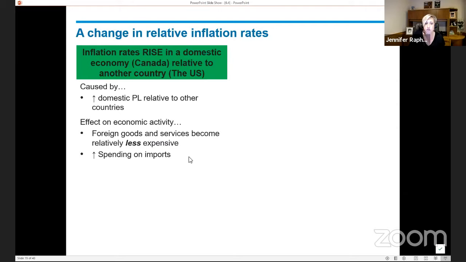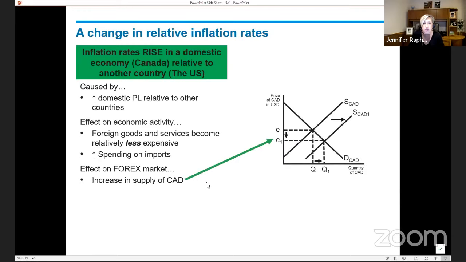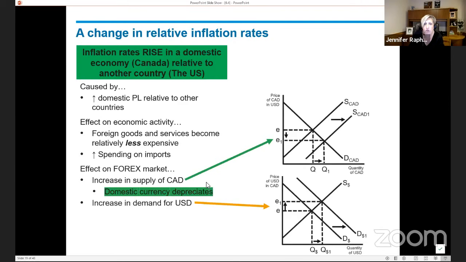So when foreign goods and services become relatively less expensive, we're going to buy more of them. And hopefully now you're starting to anticipate where this is going to go. If we're going to buy more imports, we have to increase the supply of the domestic currency, which causes it to depreciate. But we're doing that so we can buy more of the foreign currency, which shows an increase in demand of the foreign currency, which causes the foreign currency to appreciate.